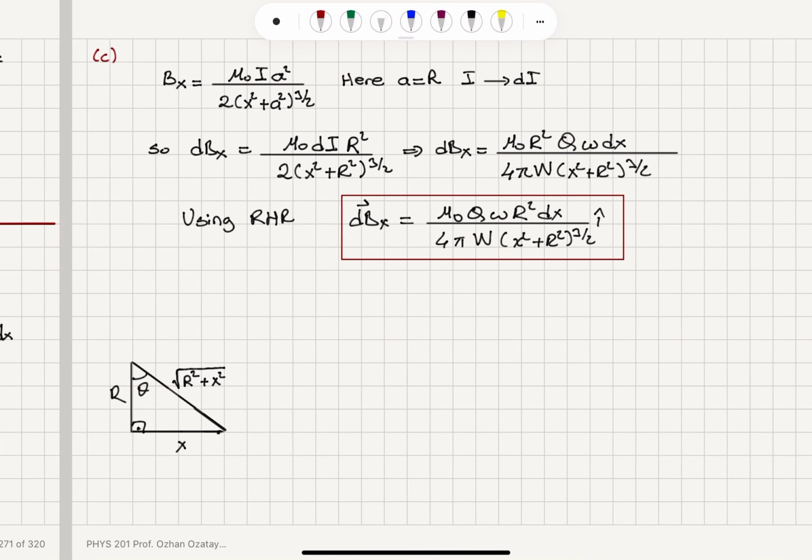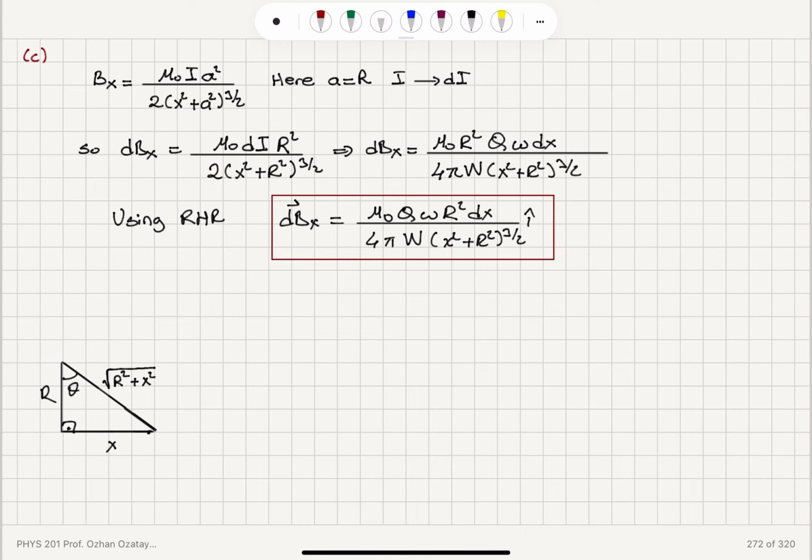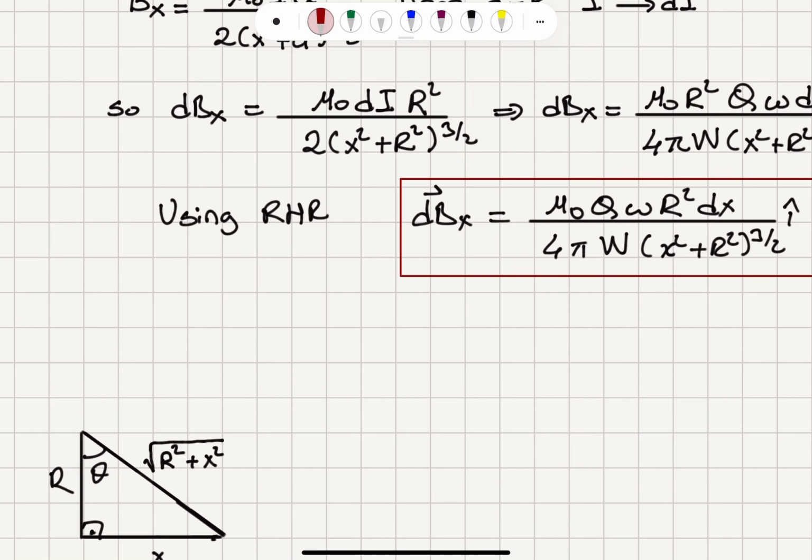And in part D, integrate to determine the magnetic field at the origin. So finally, we will find the magnetic field at the origin. Bx is the integral of dBx, because all such strips will produce a magnetic field in the same direction.